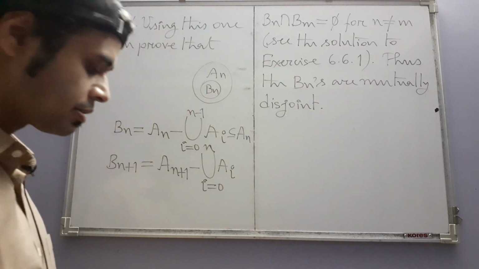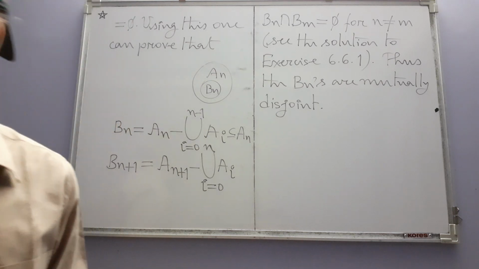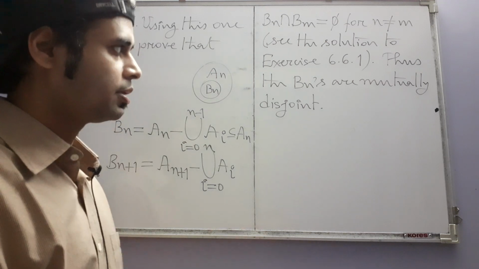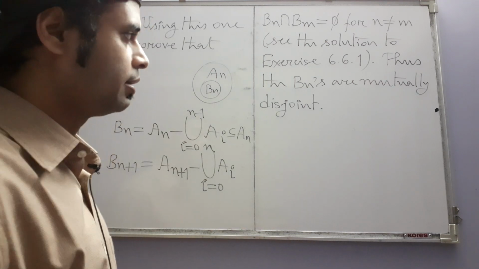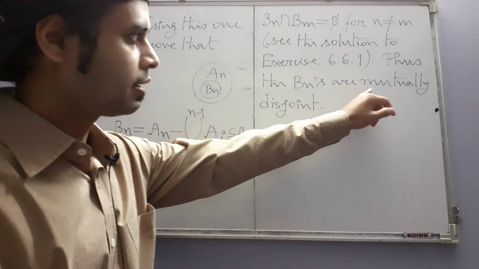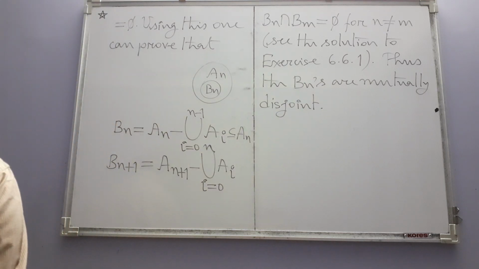Fine. So we have replaced the An's by Bn's. The thing is that we can now use them because their union is also equal to the union of all the An's. But how are we going to use them, and where shall we exactly need this mutual disjointness? Now we are going to see.